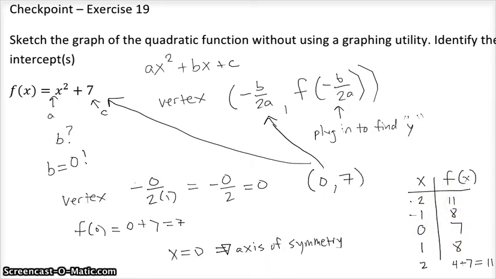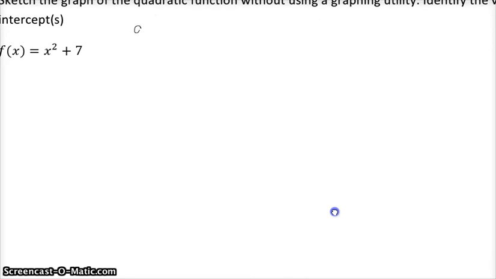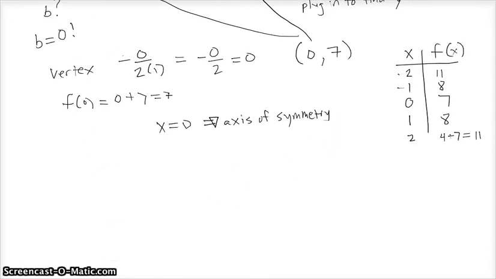Now, if I look at a graph for this, you're probably going to say, well, how am I going to find the x-intercepts if I have a graph that looks like this? I have a vertex at the point 0, 7.